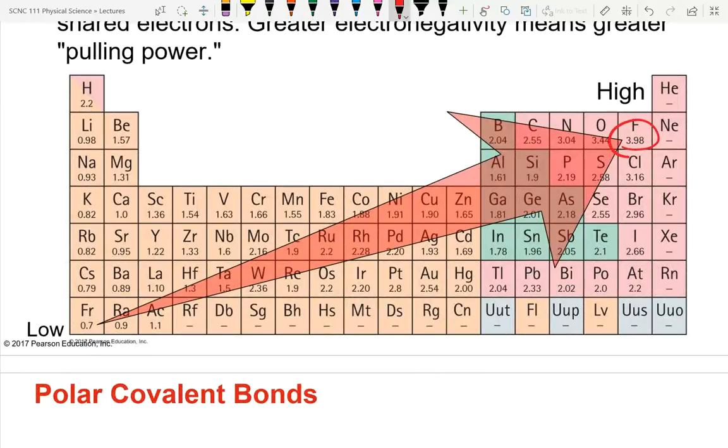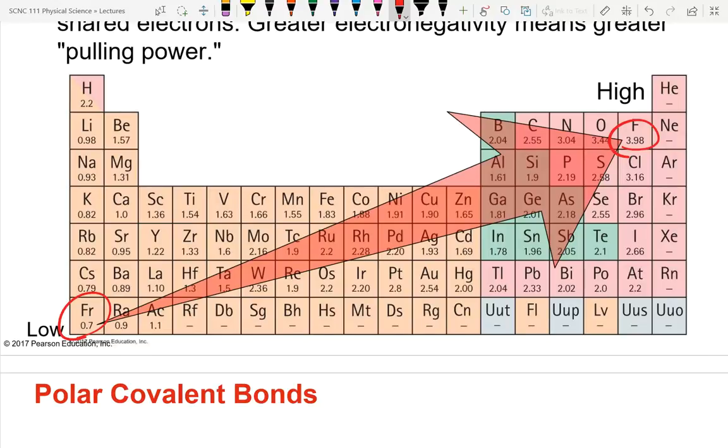The fluorine atom really, really strongly wants another electron. The lowest electronegativity is down at the other end, francium. Oddly enough, they both start with F. The francium really is not strongly attached to its electron.